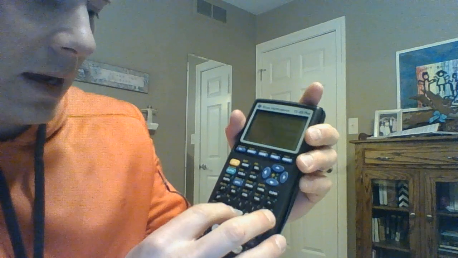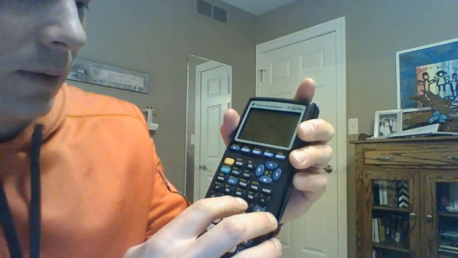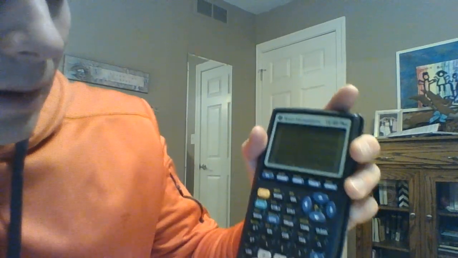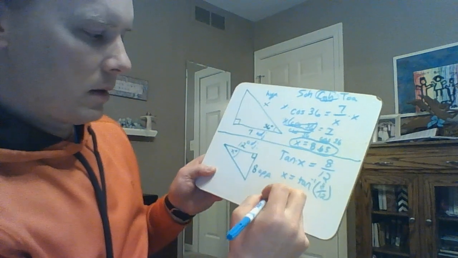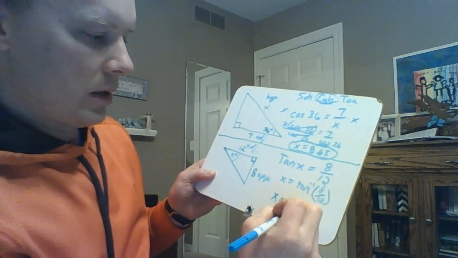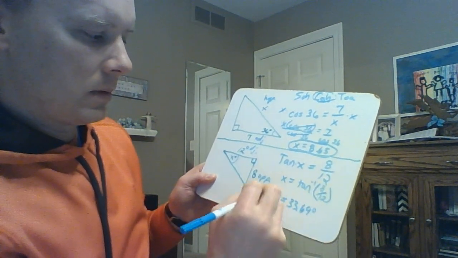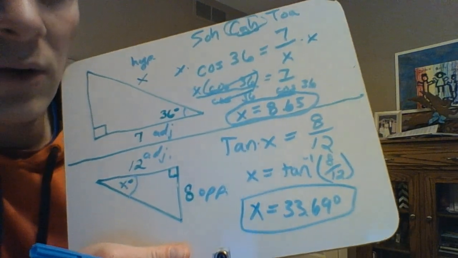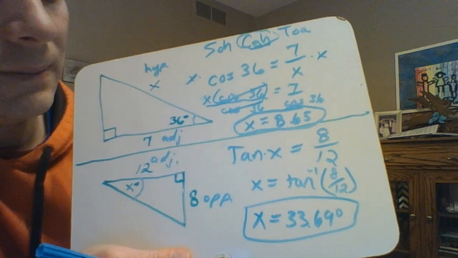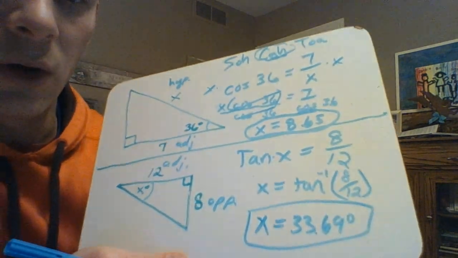And then I type in my 8 over 12 ratio, and then I come up with 33.69 degrees. X equals 33.69 degrees. And that's it. So that was kind of what you focused on Thursday. There you go. So there's a quick rundown.